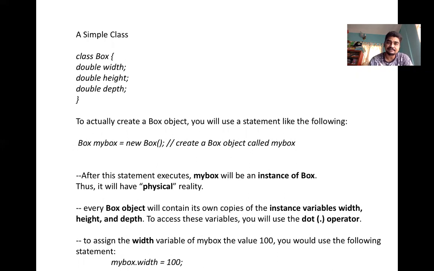A simple class, say class Box, contains 3 instance variables, and those variables are of type double. So double width, double height, double depth, and we have not defined any kind of method inside Box. Now to create an instance of the class Box, we will use this statement: Box myBox = new Box.